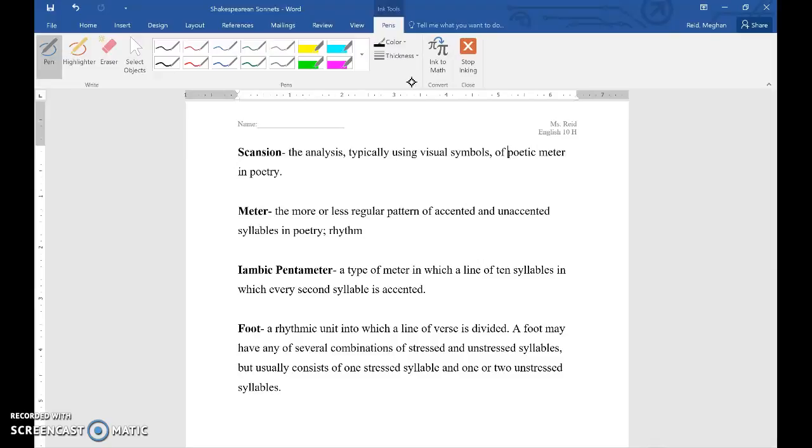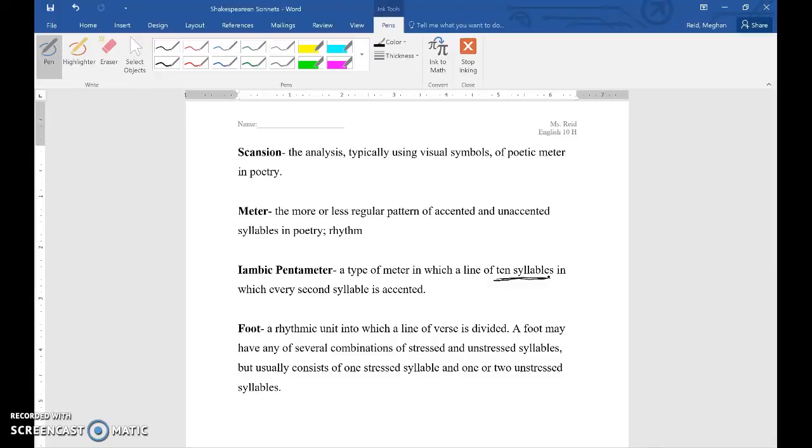So in a line of iambic pentameter, we are always going to have 10 syllables. So when you read through the line and you break down the syllables, you'll realize that there's 99.9% of the time always 10. Every once in a while, Shakespeare will add one or miss one, but we give it to him because it's really hard to write a whole beautiful poem in a very distinct rhythmic quality.